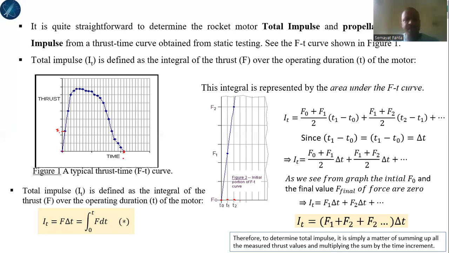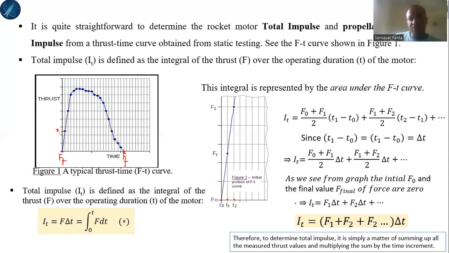So using a simple Taylor expansion approach, we get F1 plus F2 plus F3, the summation of all forces times delta T. That is the method to find total impulse from the thrust time curve.